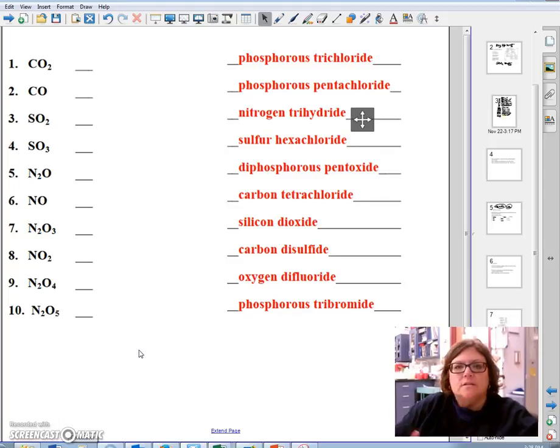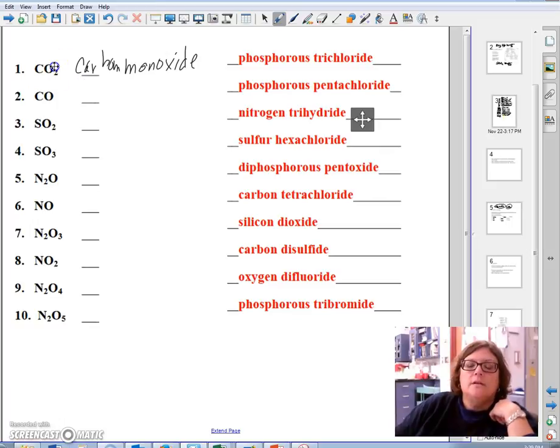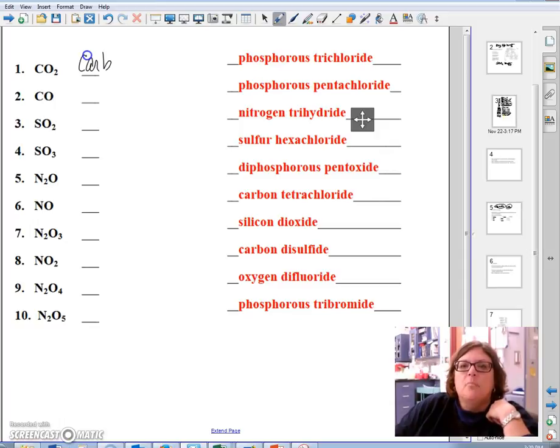All right, so let's practice. CO2: mono carbon, but we don't need the mono because it's starting, so we can just say carbon. We do need the mono for the oxygen. No, that's not carbon monoxide, that's carbon dioxide. You're just going to have to deal with the mistake, sorry. Carbon dioxide, di for O2.